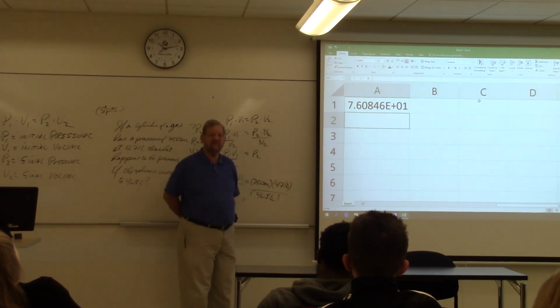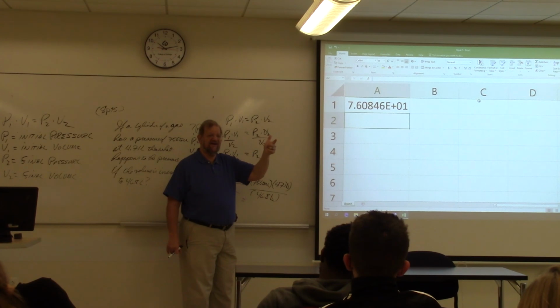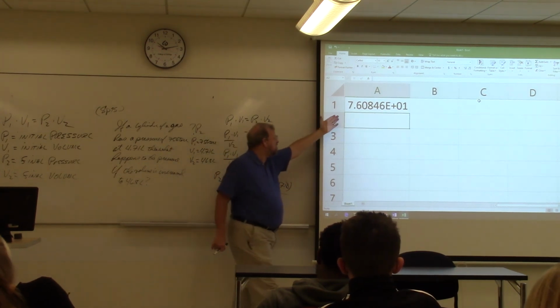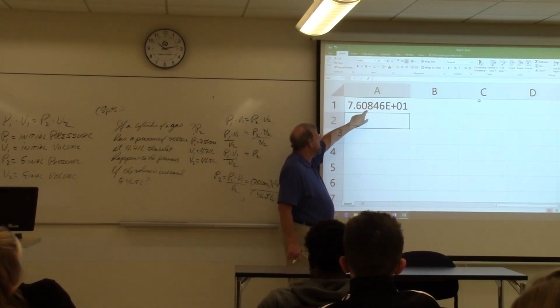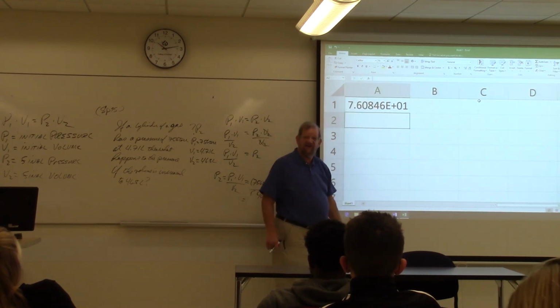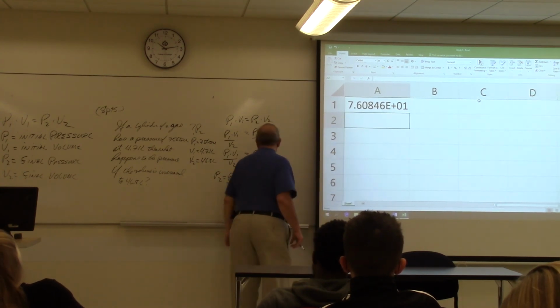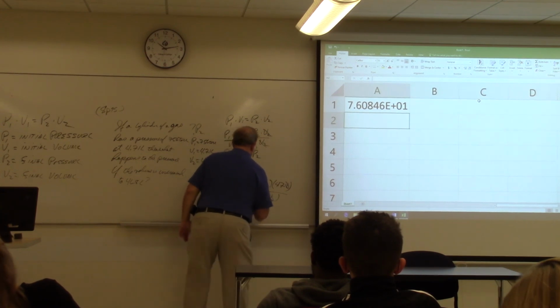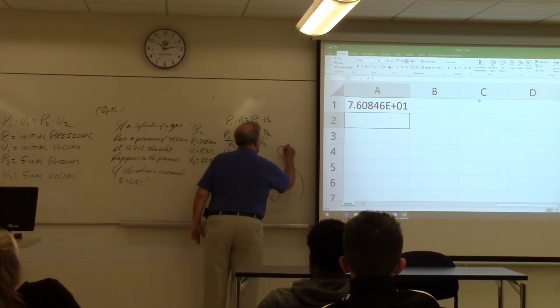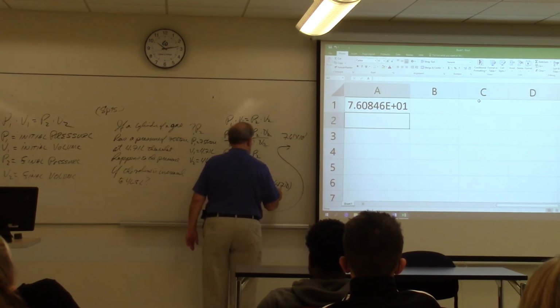Round that off to 3 significant figures. I'll give you 3 seconds. So, time's up. Keep the 7, keep the 6, keep the 0. I use 8 to round off. Is that 5 or higher? The answer is yes. Therefore, I eliminate that and increase the previous digit by 1. And the answer here is 7.61 times 10 to the first. And my units are torr.